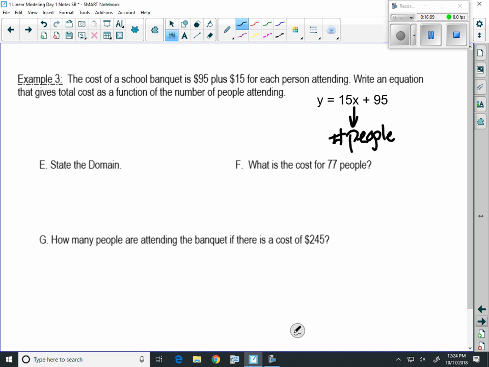So when we think domain, what is the least amount of people that can attend? 0. You will never have a negative number of people attend. Agreed? Okay, so 0. Do we have a cap on how many people can come? No, so it's going to be infinity. Yes, very good.